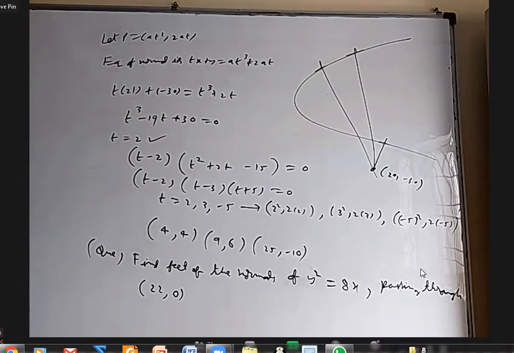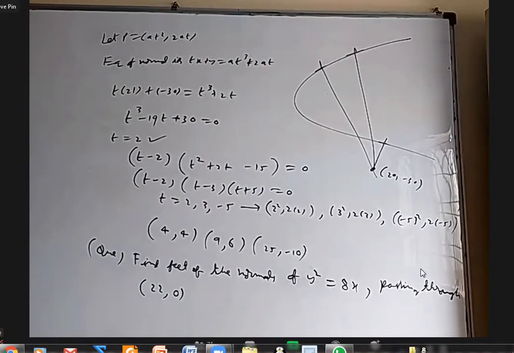Find feet of the normals of y square equal to 8x passing through (22, 0). That's the next question.